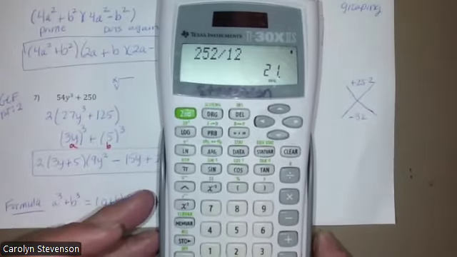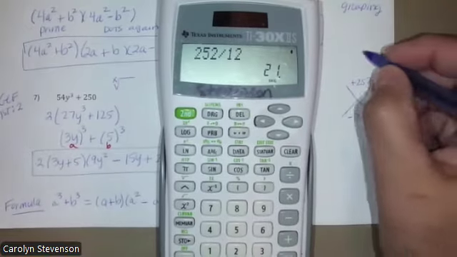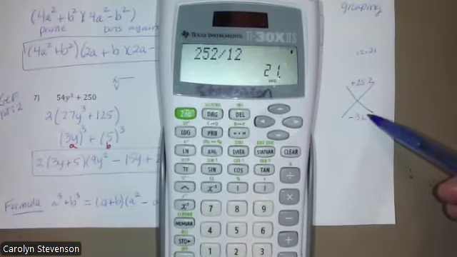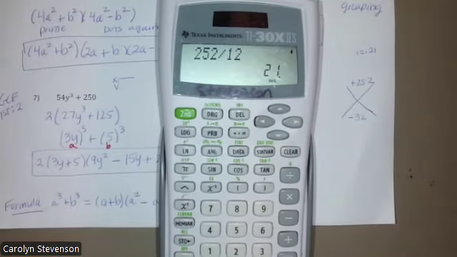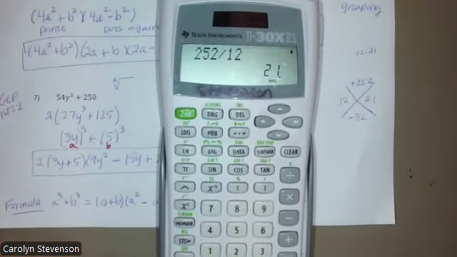12 and 21. You might want to just make a note. 12 times 21. Could I get a 32 out of those? You could. I'm going to do this in pencil because I know what happens, but let's put 12 and 21 here.